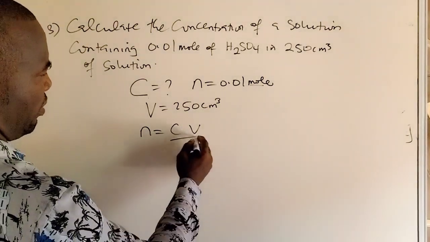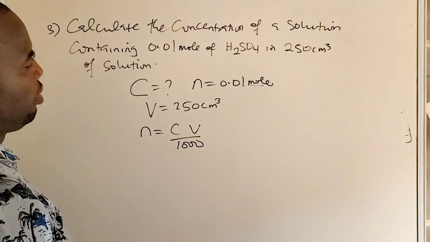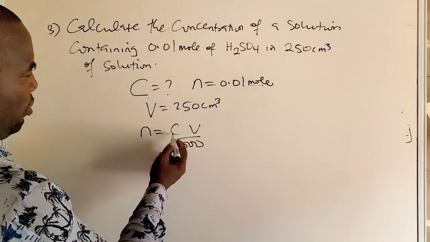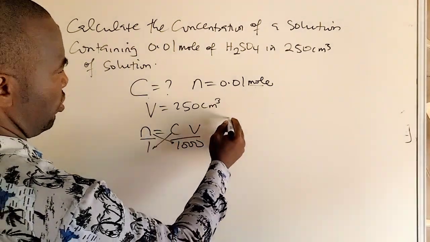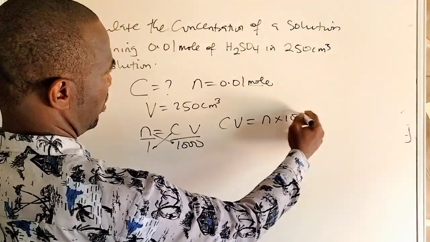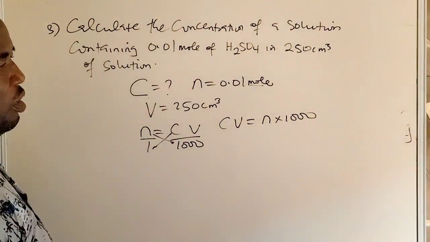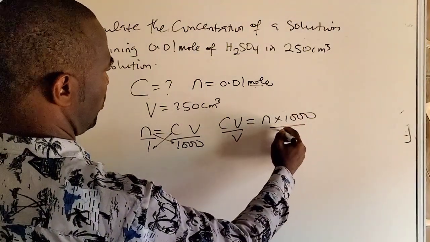I'll divide by 1,000 because of the unit of the volume, which is cm cube, which I explained earlier today. So what do I do? I'm going to make C the subject. First, I'll cross multiply. So CV times 1 gives you CV, N times 1,000 gives you N times 1,000. Make C the subject. Divide both sides by V so that C is on one side.